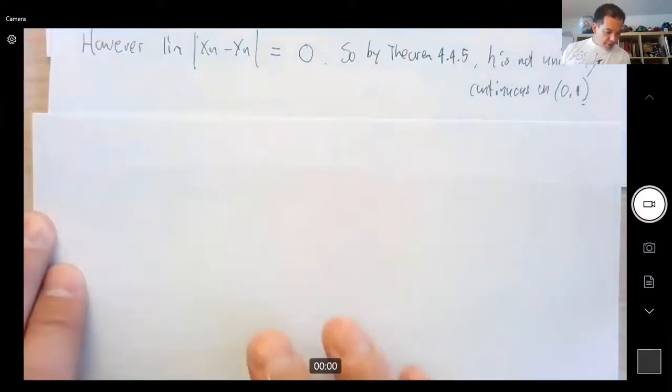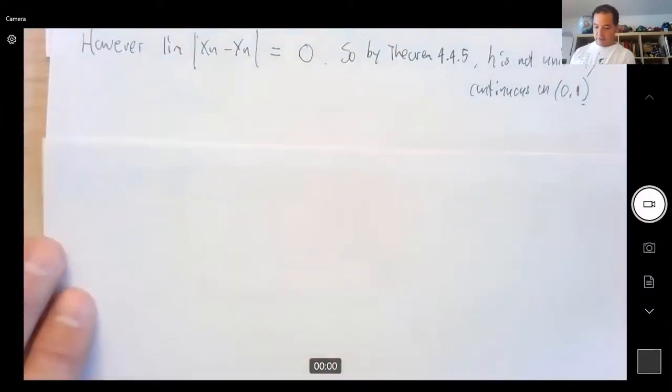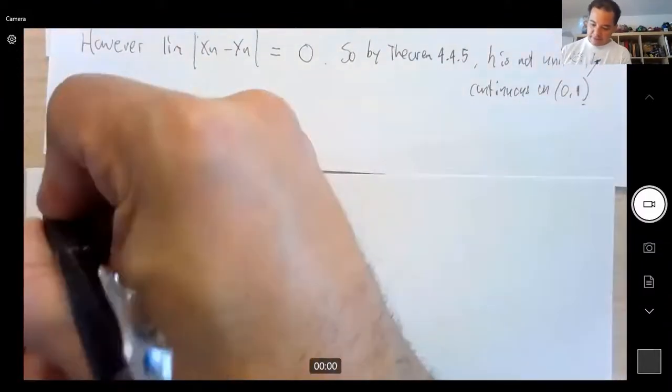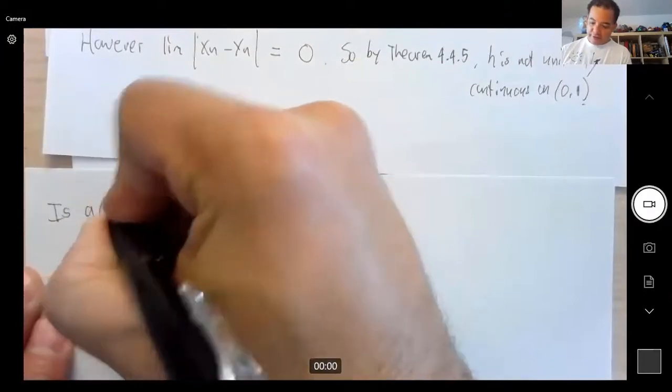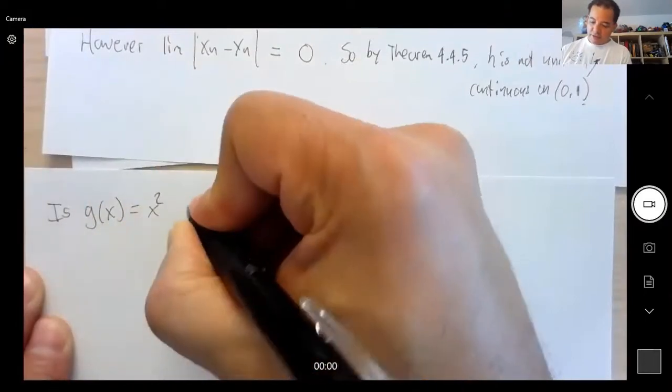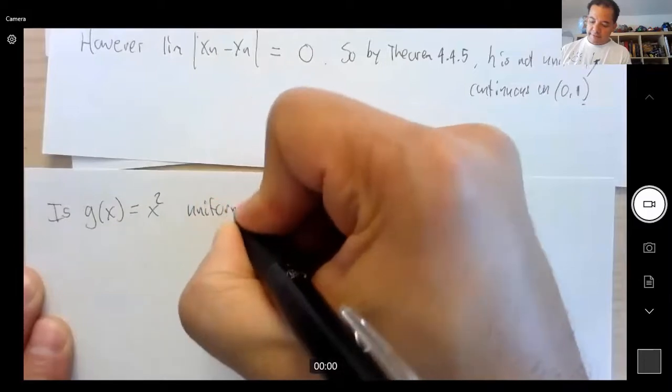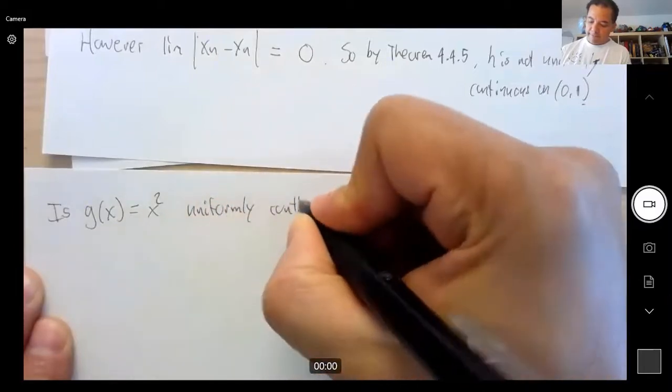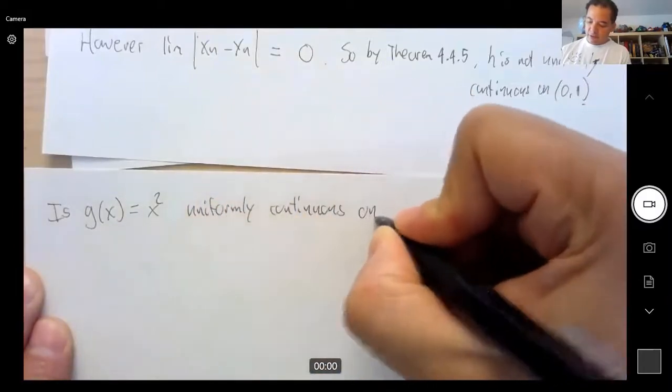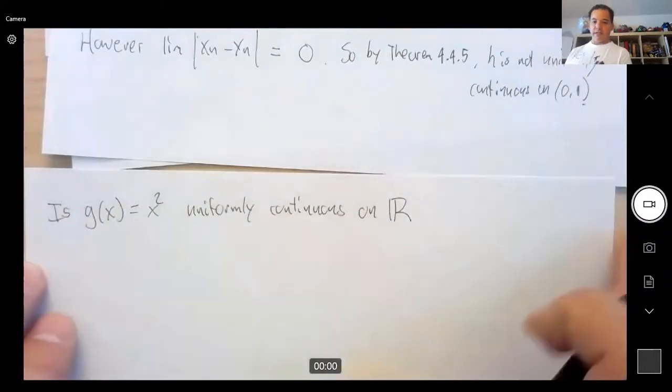Let's call it g. So is g of x equals x squared uniformly continuous on R, on the entire real numbers? Can that happen?